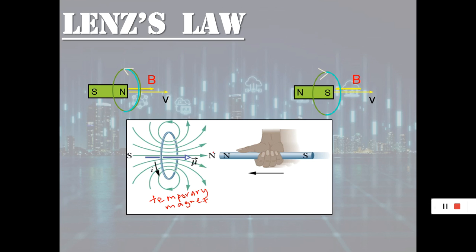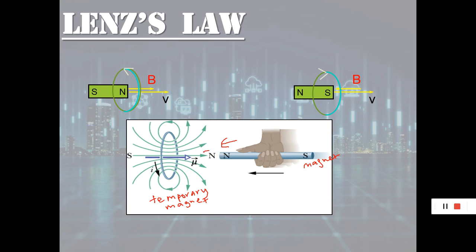It will have poles, north and south, that oppose the changes. For example, if we move the magnet, with the north part of the magnet closer to the coil, the front part of the coil will oppose the changes.